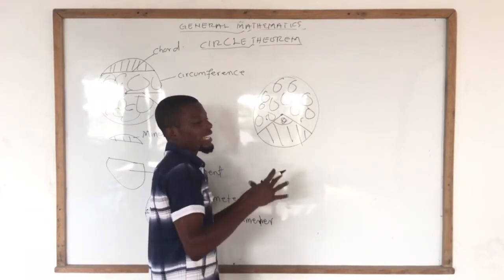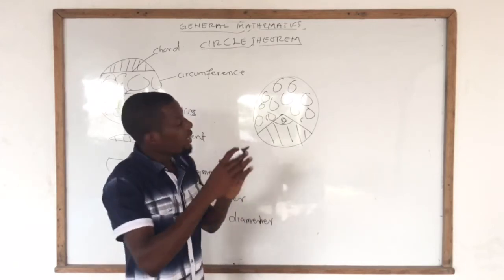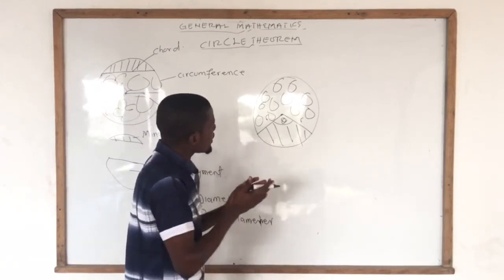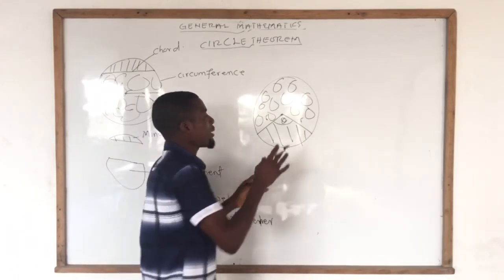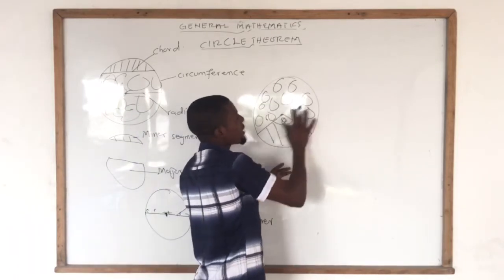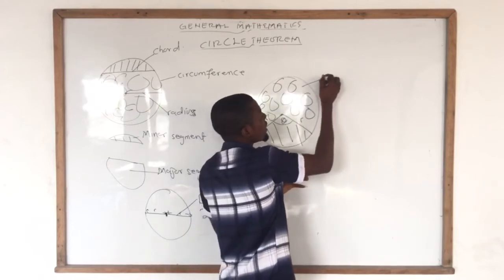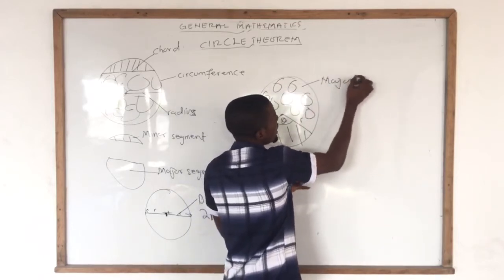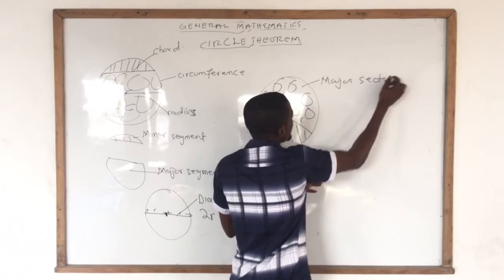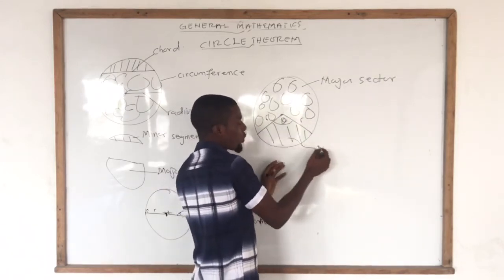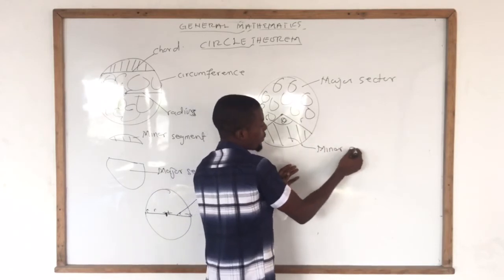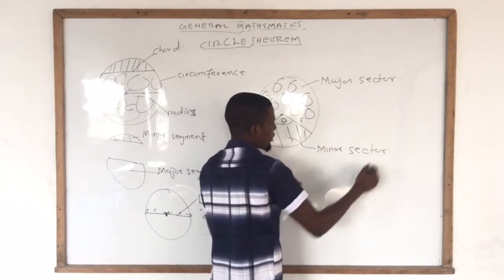So two radii inclined at an angle divide the circle into what we call sectors. Because this one is the bigger part, we call it the major sector, and because this one is the smaller part, we call it the minor sector, okay?